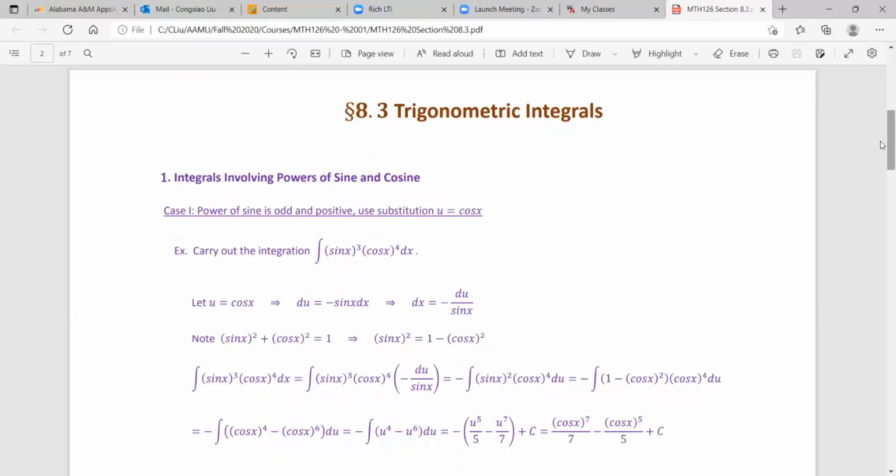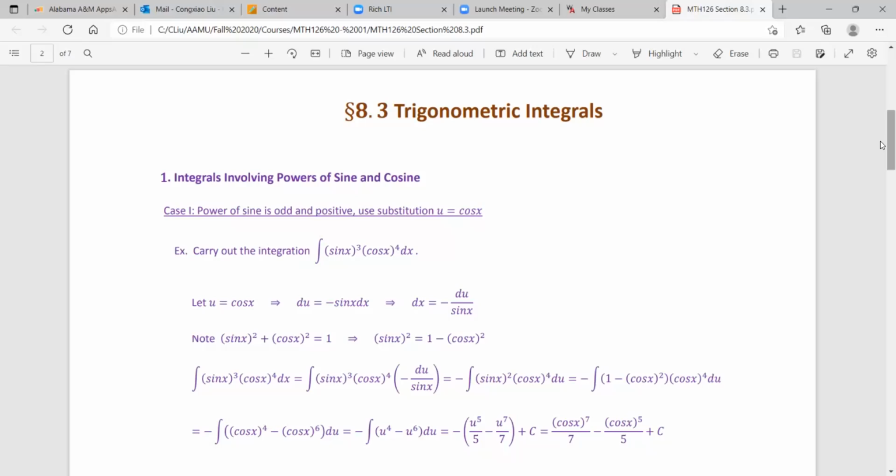So we're talking about a product of sine and cosine functions with the power of sine being odd and positive. In this case, we use substitution u equals cosine x, and we don't have to worry about the power of cosine function. Let's see one example and we'll explain why that's the case.